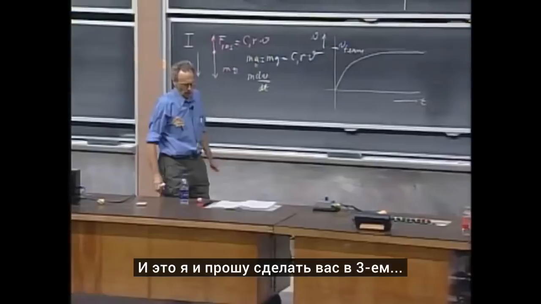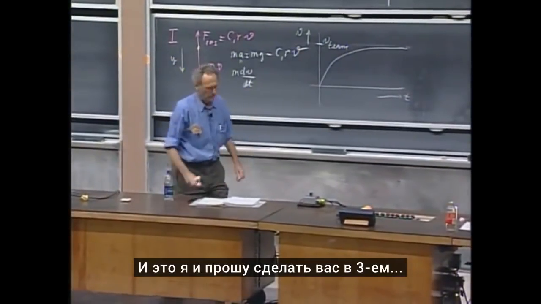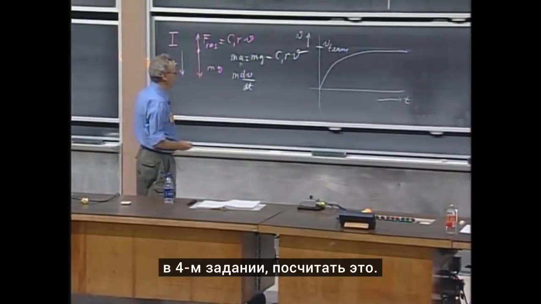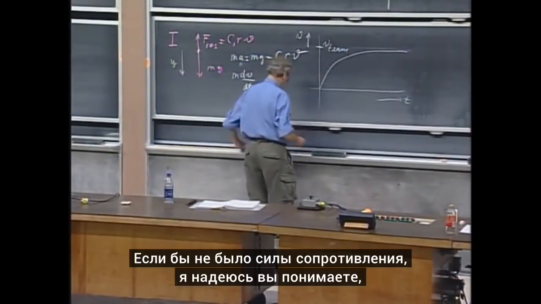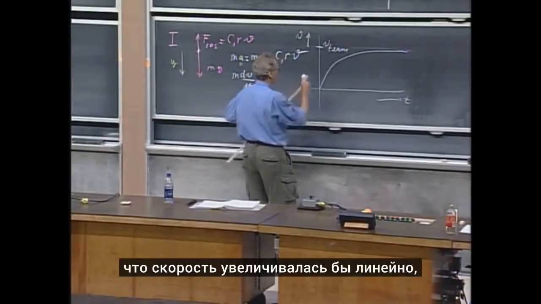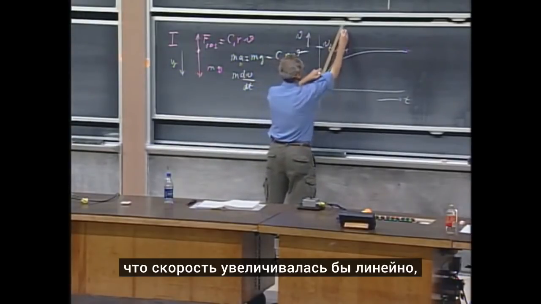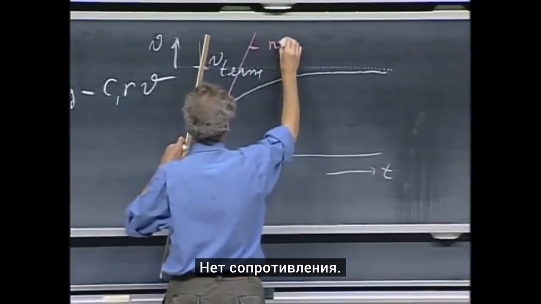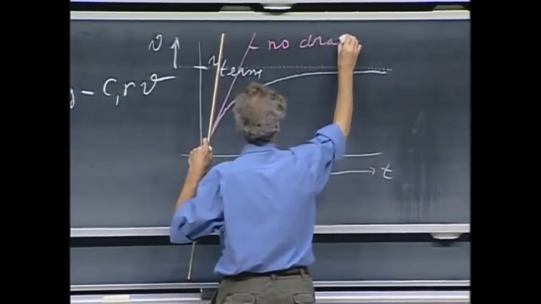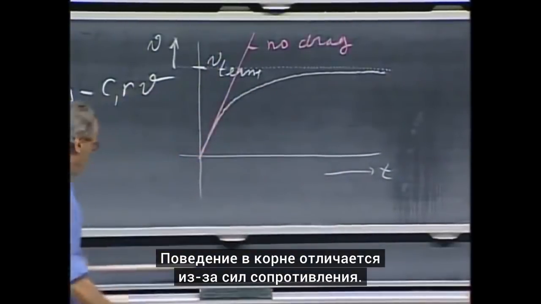And this is what I'm asking you on your fourth assignment to calculate. If there were no drag force at all, I hope you realize that the velocity would increase linearly. So you would get something like this. So there's no drag. So the behavior is extremely different due to the drag.